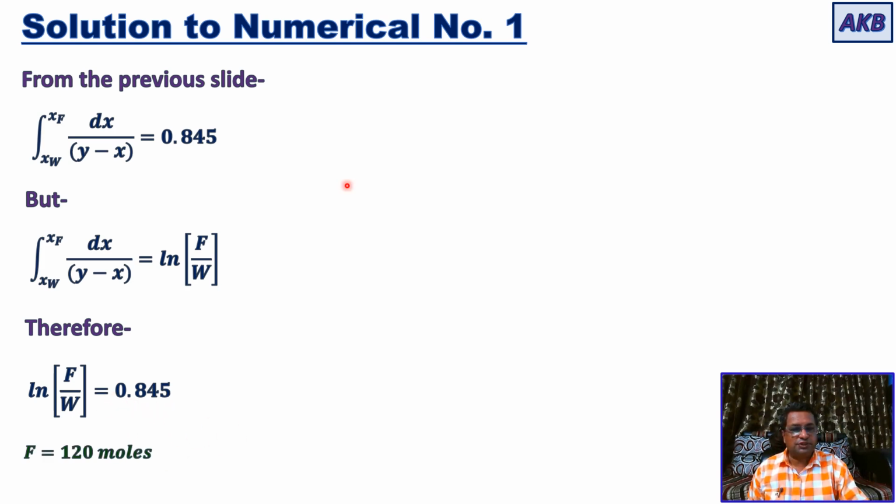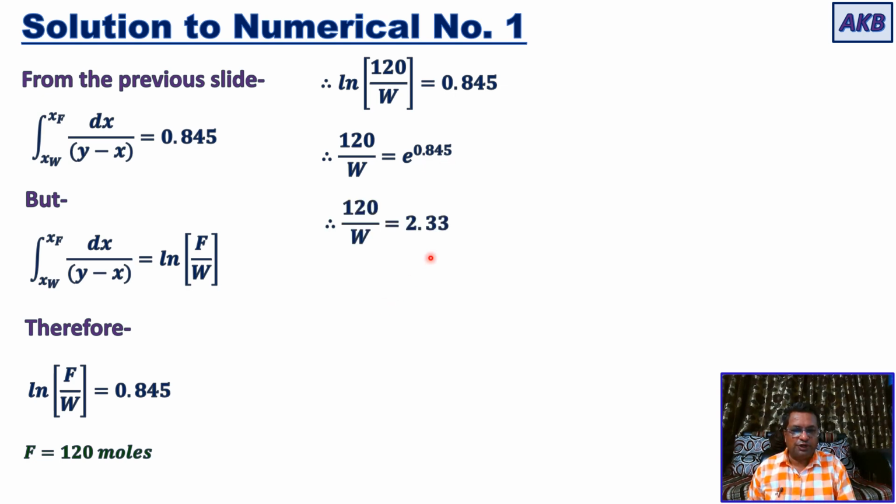F is known to us, it is 120 moles. So ln of 120 by w is equal to 0.845. That is 120 by w is equal to e raised to 0.845. E raised to 0.845 is 2.33. So 120 by w is 2.33, that is 120 by 2.33 is equal to w.